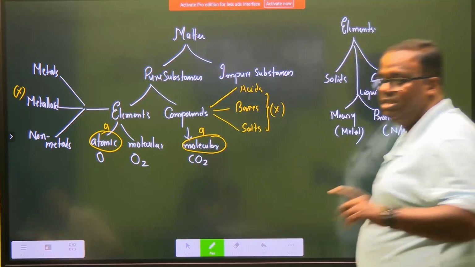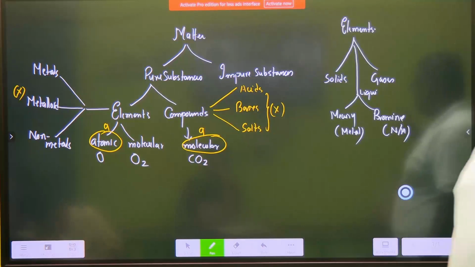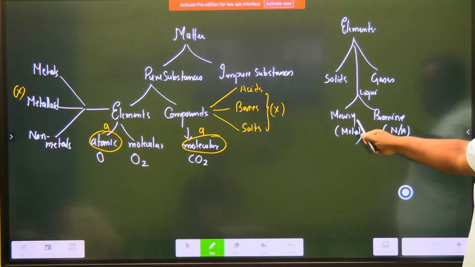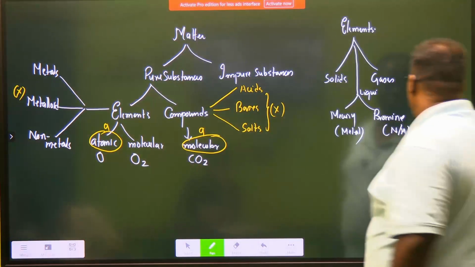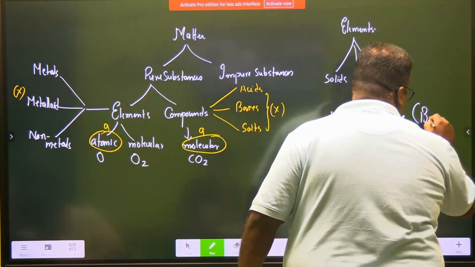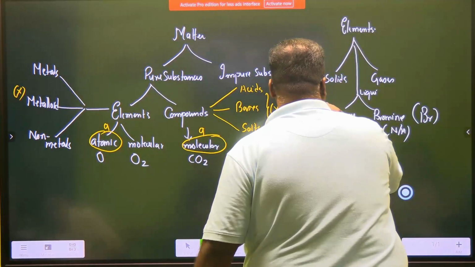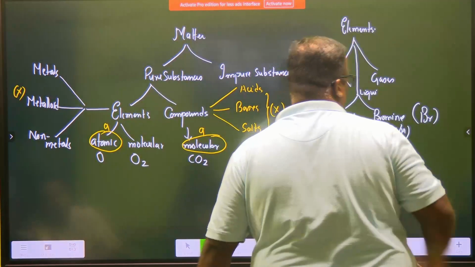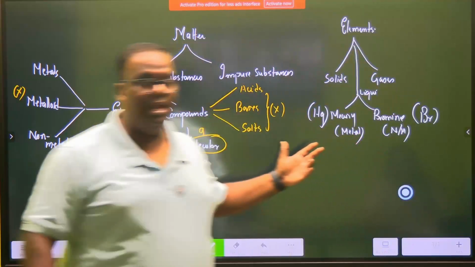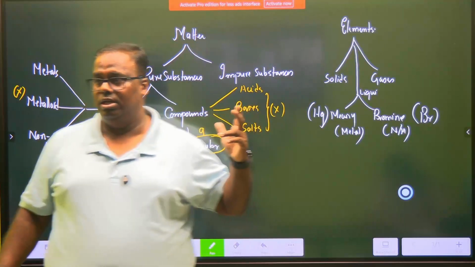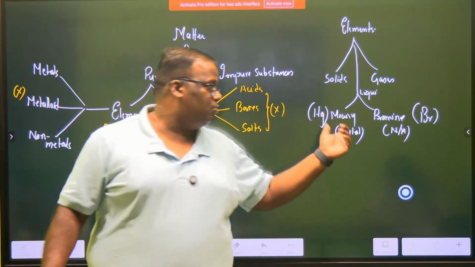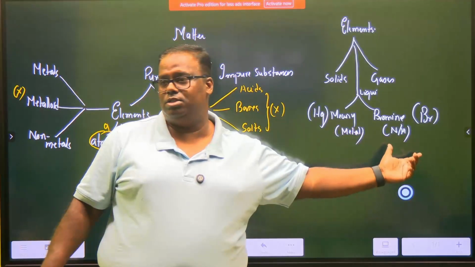Did you understand this? We have only two liquids. The liquids are mercury and bromine. Bromine will be represented by the symbol Br. Mercury will be represented by the symbol Hg. So these are the only two elements which are liquid. And one has been attributed to metal and one has been attributed to non-metal.